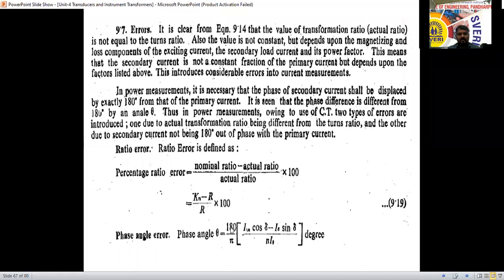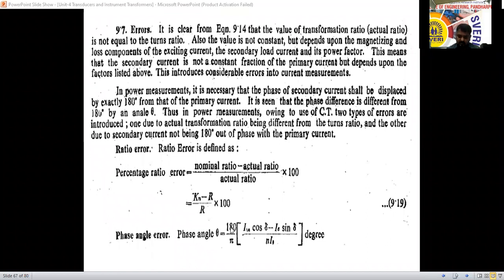So I will take the attendance once again. Just a minute. 1, 2, 3, 4, 5, 6, 9. Roll number 9. 11, 12, 13, 14, 15.